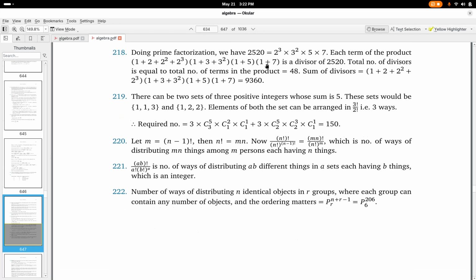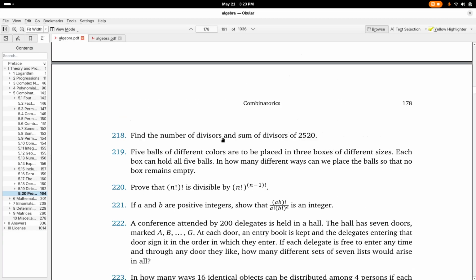And then 7 would be 1 plus 7. So each term of this product is a divisor of 2520. Thus, total number of divisors is equal to number of terms in the product, that is 48. The sum of divisors we calculate as 9360. It is simple number theory question.